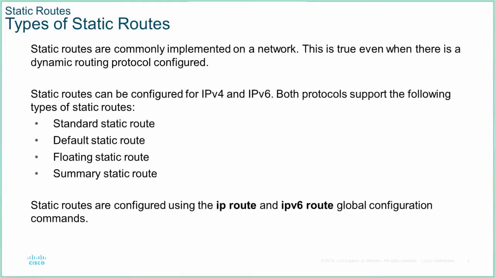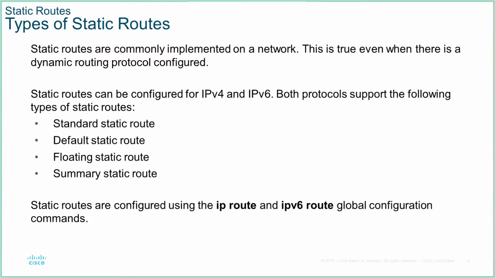So if we've only got one out, it's quite often that we'll put in a default static route pointing upwards to the internet or towards the gateway. So these small networks can handle static routes very well because we don't have to do a lot of manual configuration.